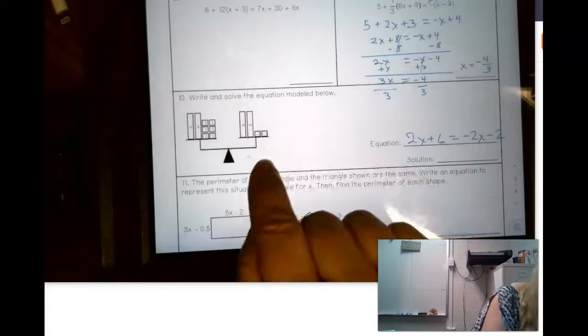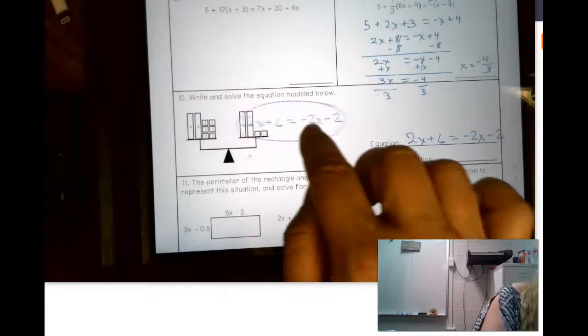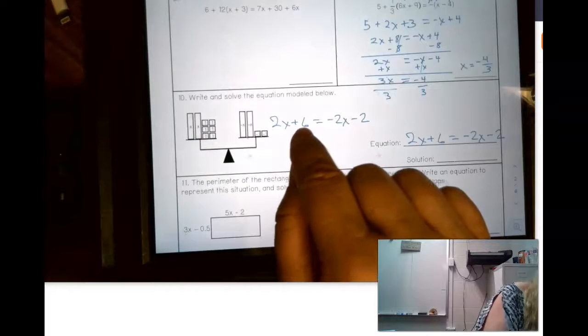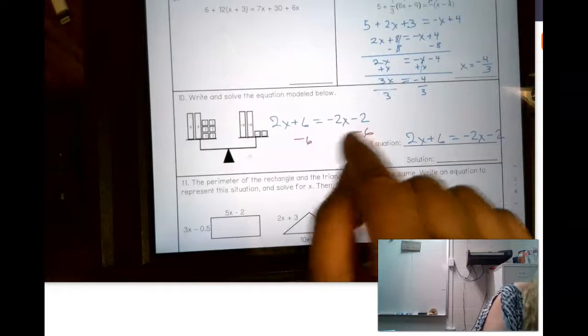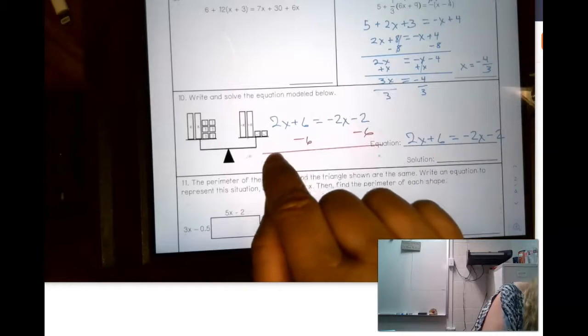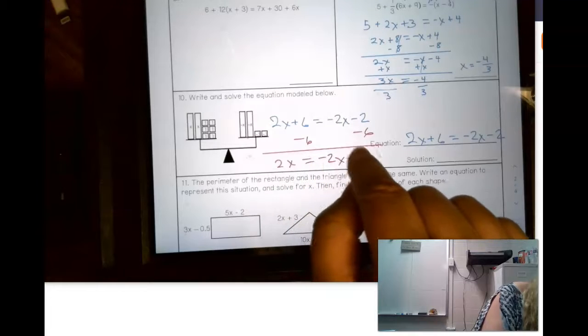Okay, so I'm going to make a copy of that because I need to be able to work with it. And we're going to subtract 6 from both sides. So the only thing different here is we wrote the equation first. So then I have 2x equals negative 2x minus 8.